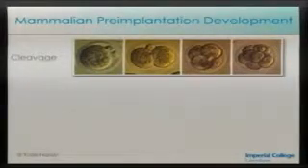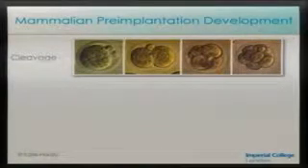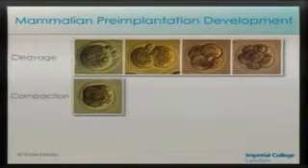So I'll talk a little bit here about preimplantation development. The egg is a very large cell. It's the largest cell in the human body, and initially it just cleaves into smaller and smaller cells. And then at the 8-cell stage in the mouse, something really quite magical happens. You can't see the individual cells anymore.